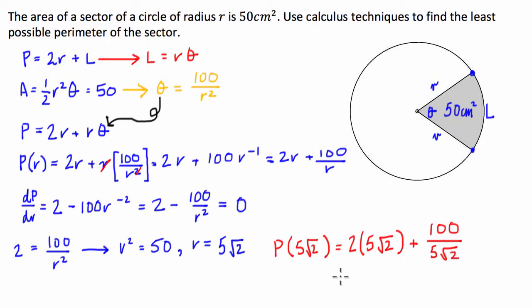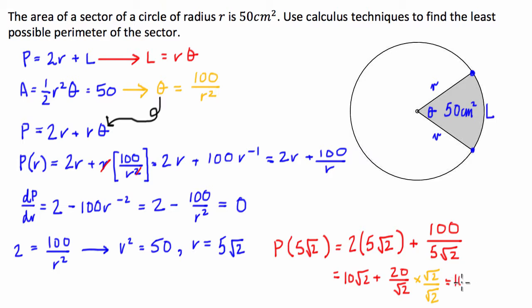So this is going to equal 2 times 5 is 10 square root 2, plus 100 on 5 is 20. So we have 20 on square root 2, which we're going to rationalize, which equals 20 root 2 on 2, or 10 root 2.